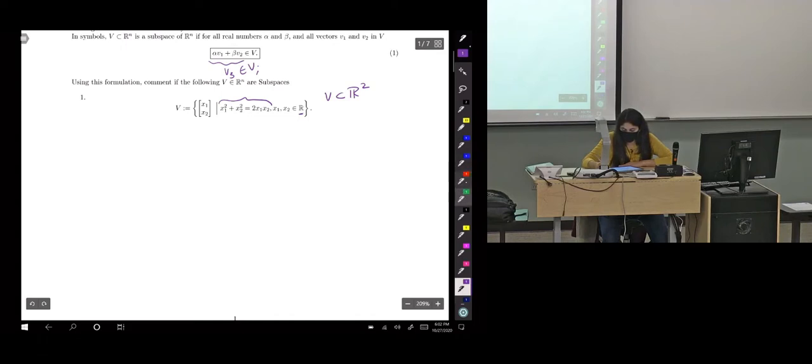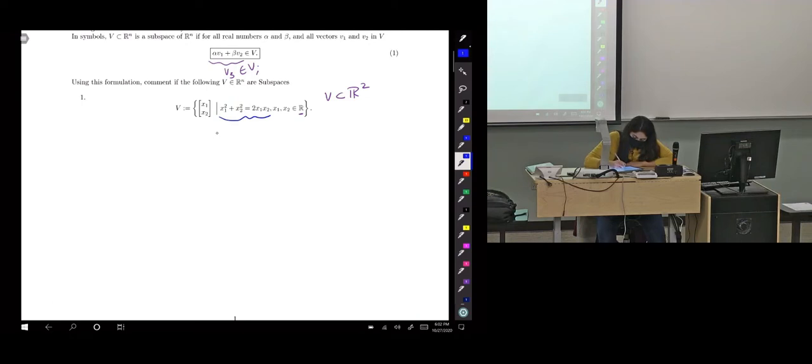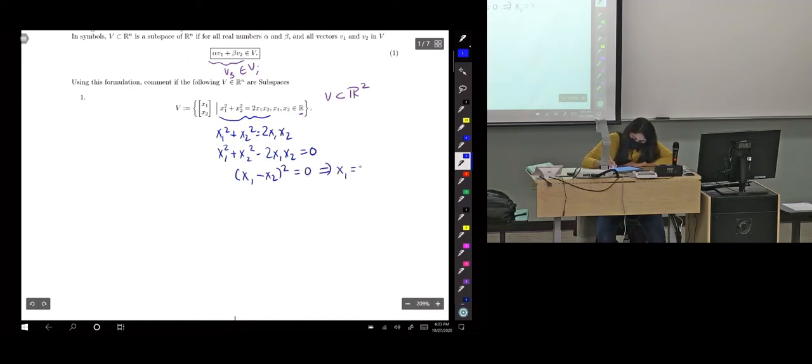So the way to solve that would be, let's simplify this condition first. x1 squared plus x2 squared is 2 x1 x2. If I take the terms on the left-hand side, it becomes x1 minus x2, whole squared, equals 0, which means x1 is x2.